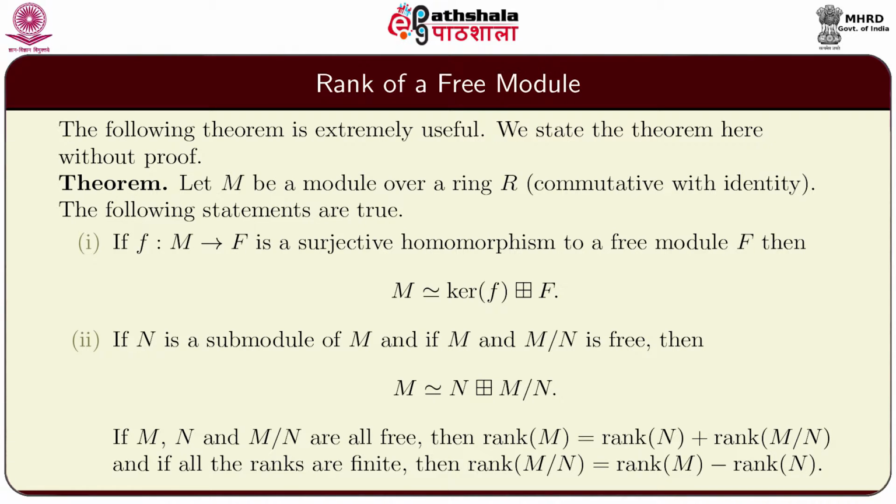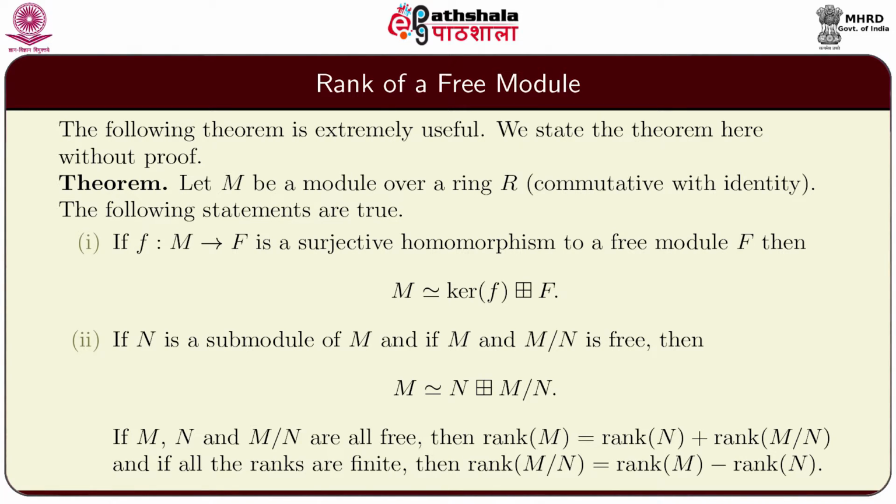If f from M to F is a surjective homomorphism of modules where F is a free module, then M is isomorphic to the external direct sum of kernel f and the free module F. Here, of course, the free module is playing a big role, otherwise we cannot have this external direct sum.